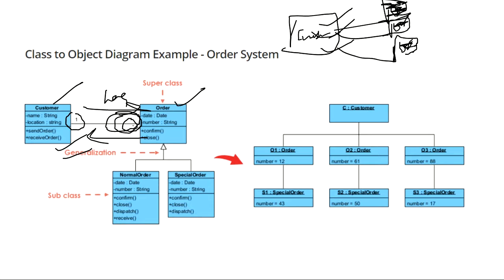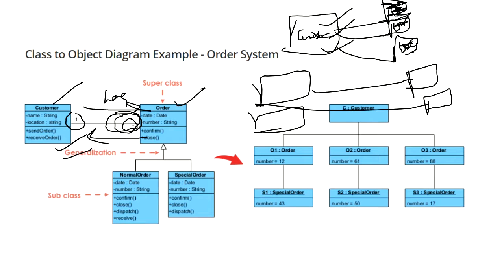Means if this is an order, it will have only one customer. So from customer to order, it is one to many, and from order to customer, it is one to one. Is this clear to everyone?